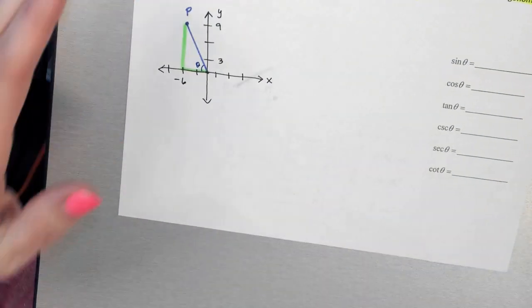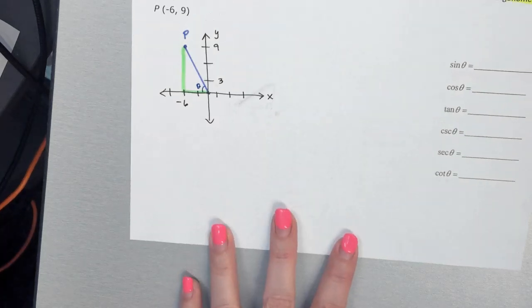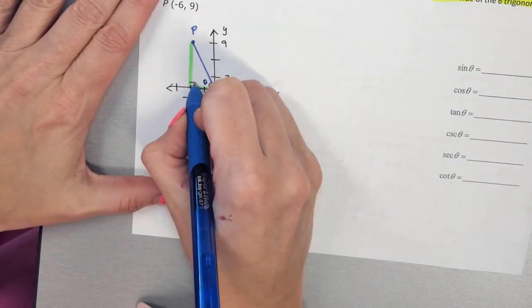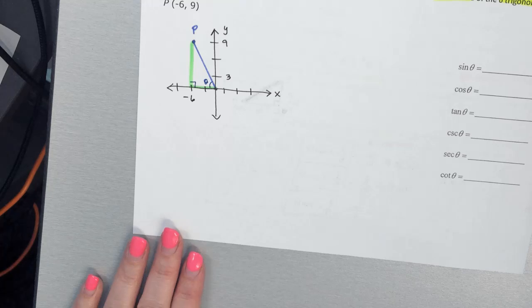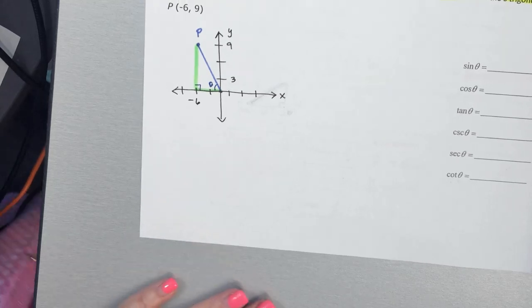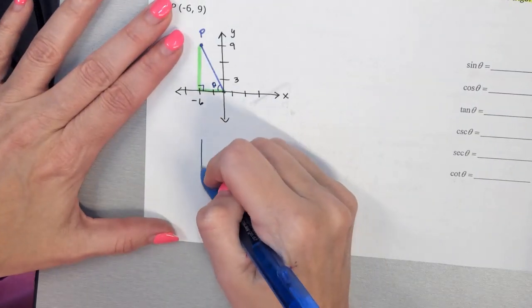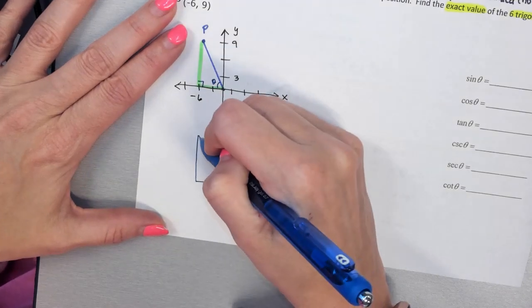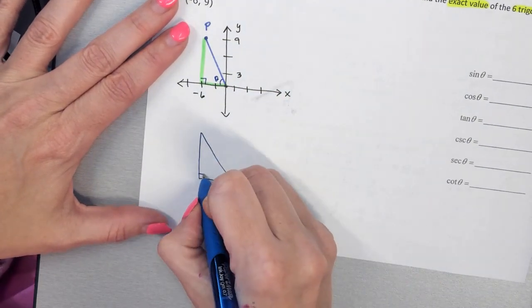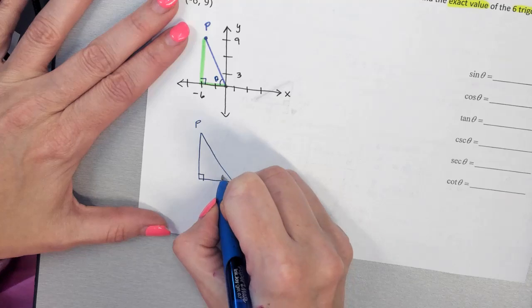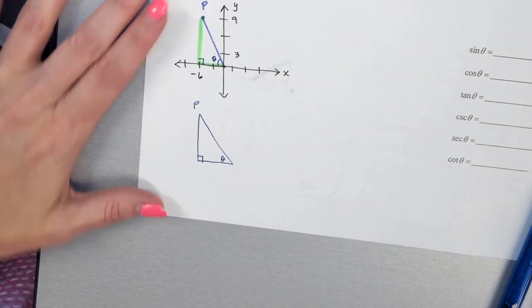This is your theta. This creates a right triangle. I'm going to take this and draw this here just to give you guys a better visual. This is point P. This is theta.